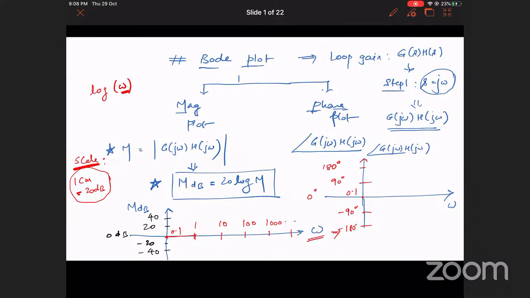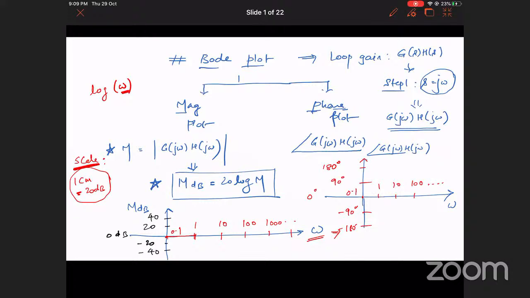So we are going to start with 0.1. On the next centimeter, I will multiply this omega by 10. It will become 1, and 1 multiplied by 10 will become 10. Then it is 100, and so on. Because of such a scale, I can take large values of omega in a single graph, and that's the whole motive of using a logarithmic scale, guys.